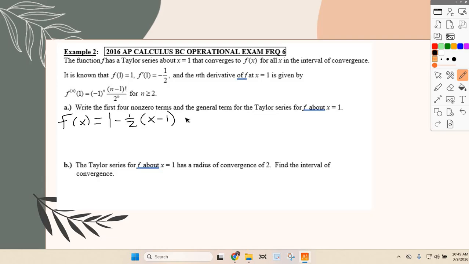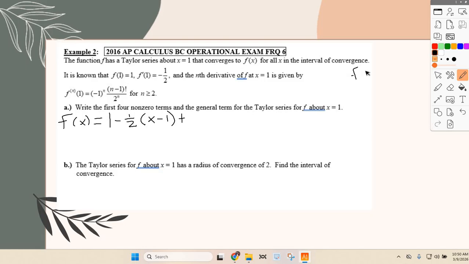Plus, what do we need here then? Yeah, I need my second derivative, yes? So notice that it gives us the equation to find our derivatives instead of giving us the original function.